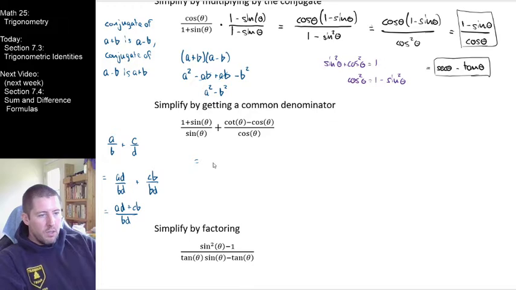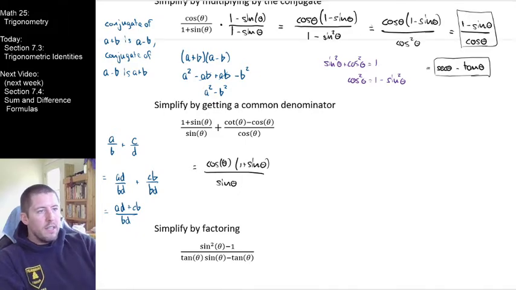So this should be equal to, switch back to my black, cosine of theta times 1 plus sine of theta divided by sine theta cosine. And I'm going to write these in the same order just to make sure that we all see the multiplications happening here. So there's my first term. I've introduced the cosines.